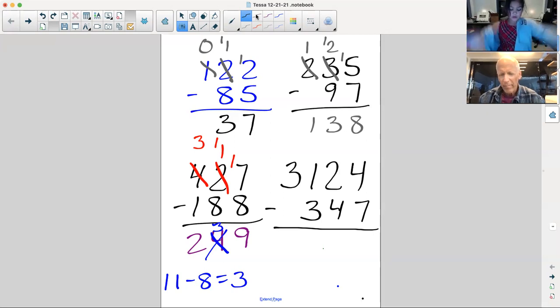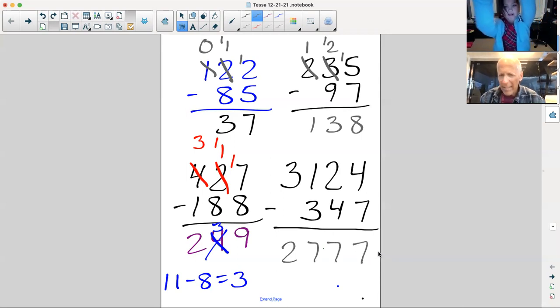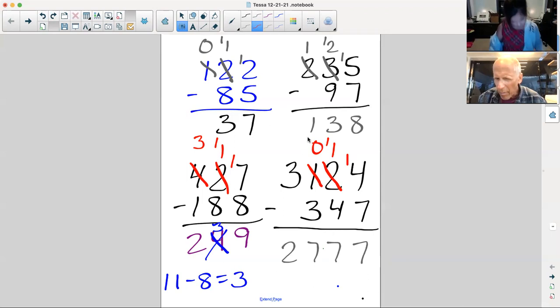My answer is 2,777. That's a lot of sevens. I can't wait to test it. 4 becomes a 14. Borrow from the 2, it becomes a 1, which becomes an 11, which the borrowed from the 1 becomes a 0. Make that a 10. Borrow that from the 3, it becomes a 2.